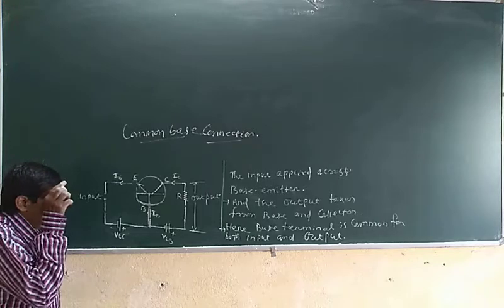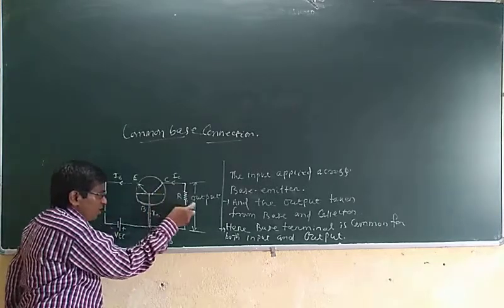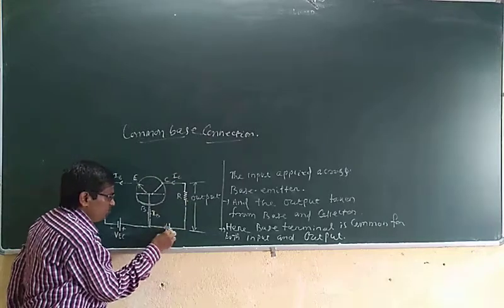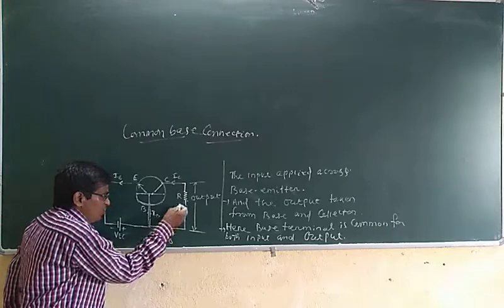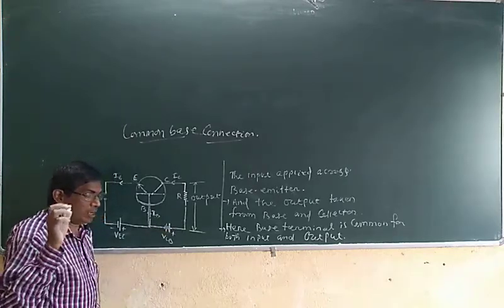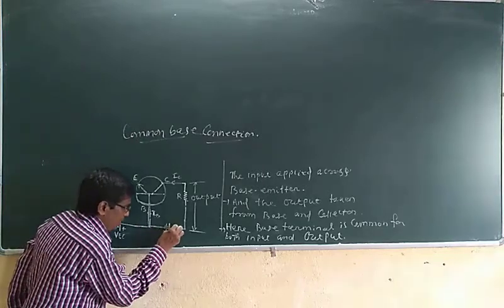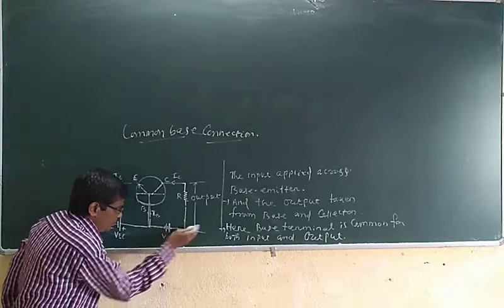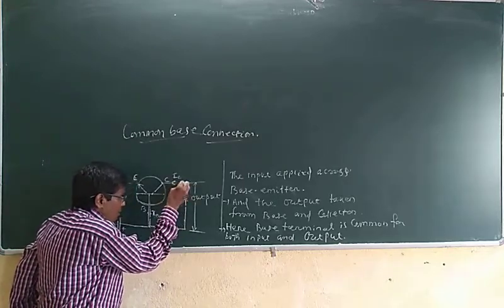Here the collector is connected to positive. Now the collector is connected to positive, and here the current will pass. Current is always flowing from positive terminal to negative. Now current flows from the positive terminal, and this is the collector current IC.